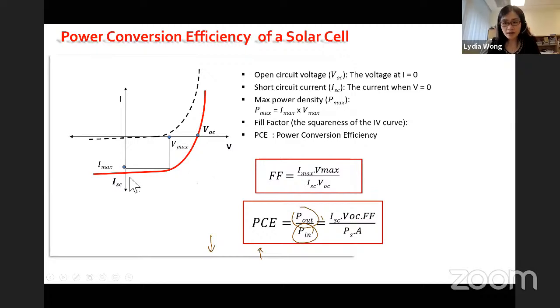The higher your short circuit current and open circuit voltage, the higher will be your power conversion efficiency. Okay, so I am not going into too much detail on this because I would need another 2 hours to explain this properly. But I just want to introduce to you what the power conversion efficiency is. Okay. All right. Any questions up to this point?